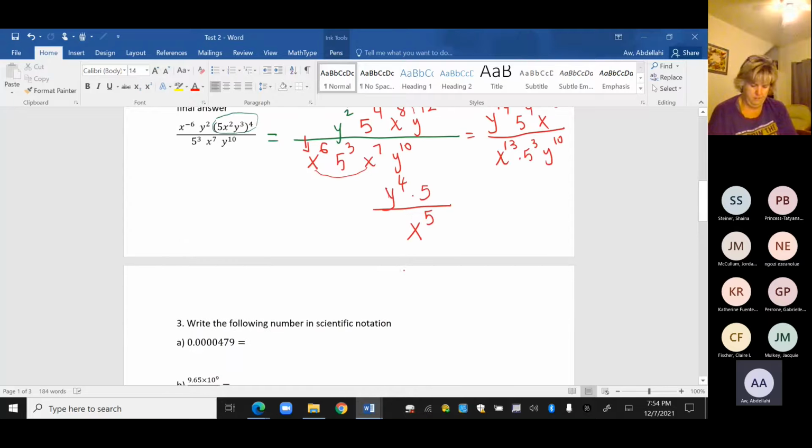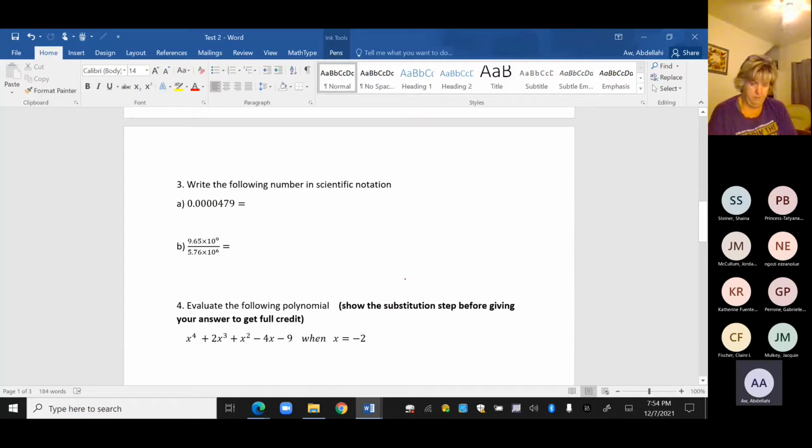So if you get this one right, now comes the scientific notation. It's very easy to get confused about how we move. Here, I know I have to move the decimal point to the right, up to 4. It's going to be 4.79.